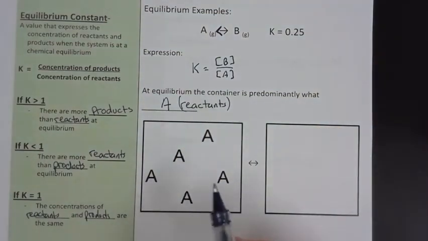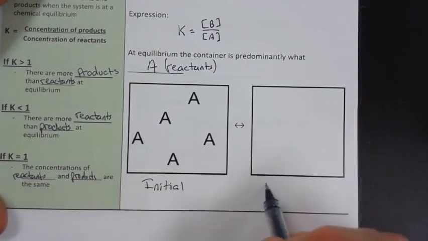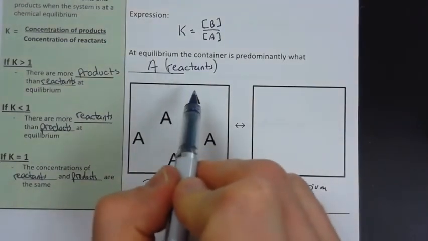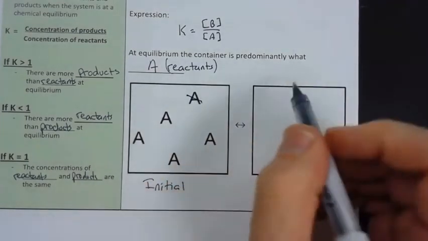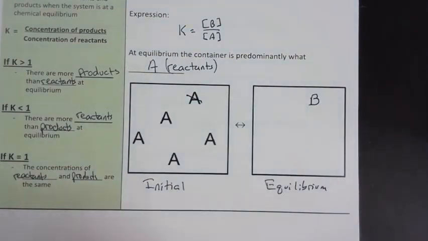Okay? So if this is like my initial conditions, and this is my equilibrium conditions, okay? We get 1A to chemically react and turn into a B, right?